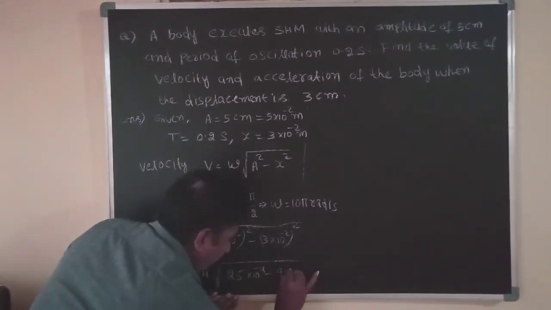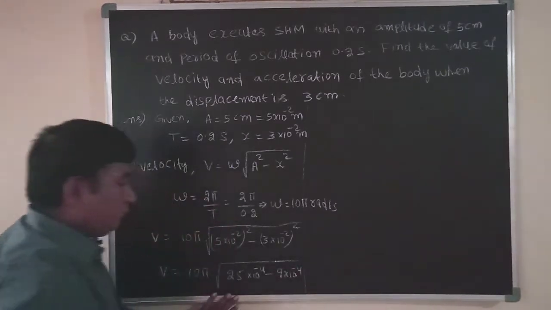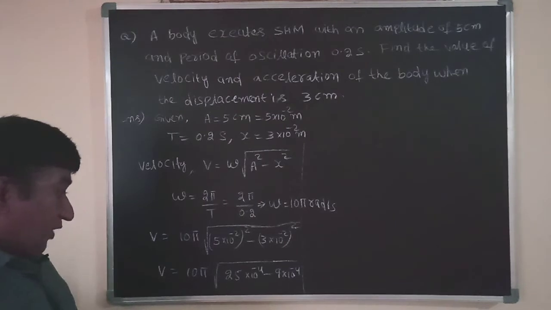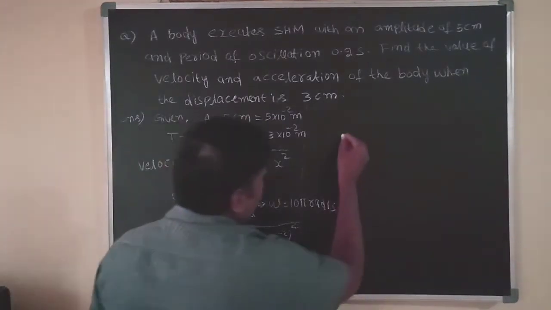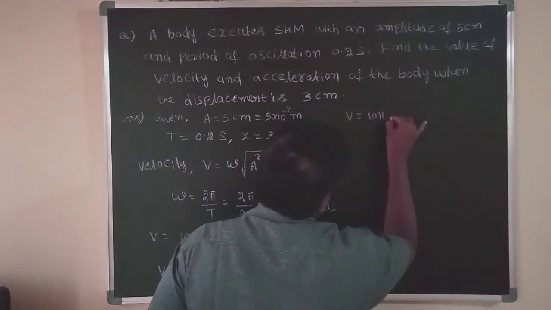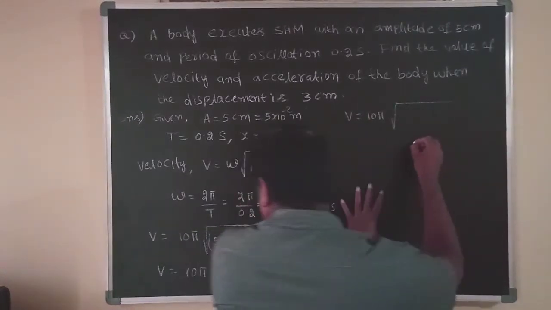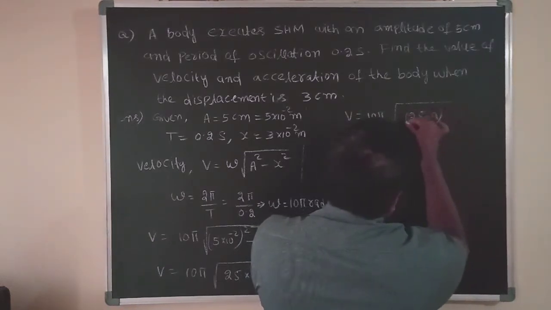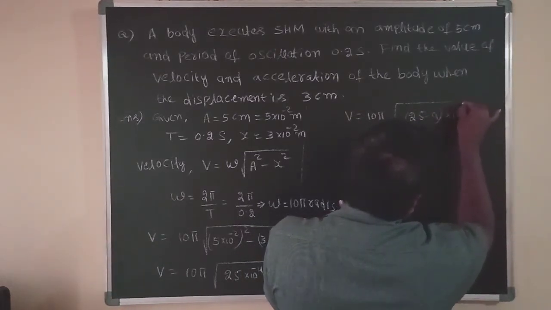So 9 into 10 to the power of minus 4, which we get by taking 10 to the power of minus 4 as common. So velocity v is equal to 10π into root of 25 minus 9, into 10 to the power of minus 4.